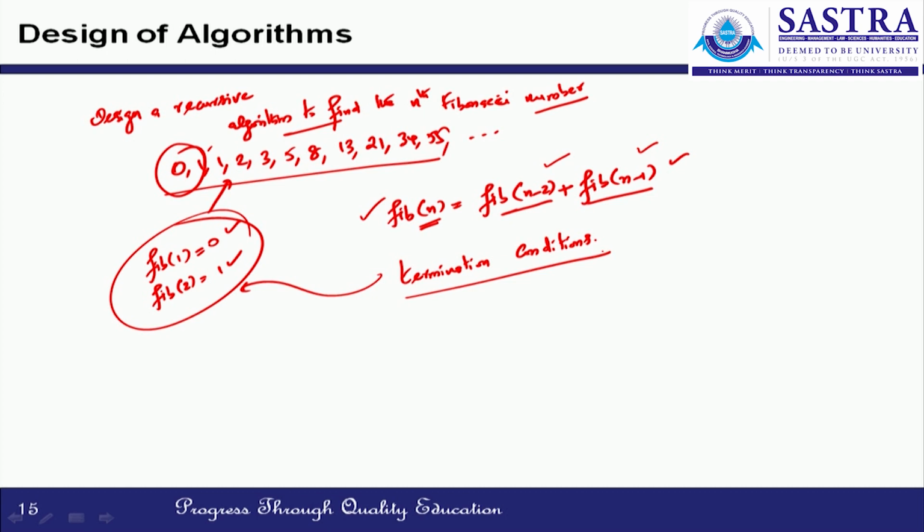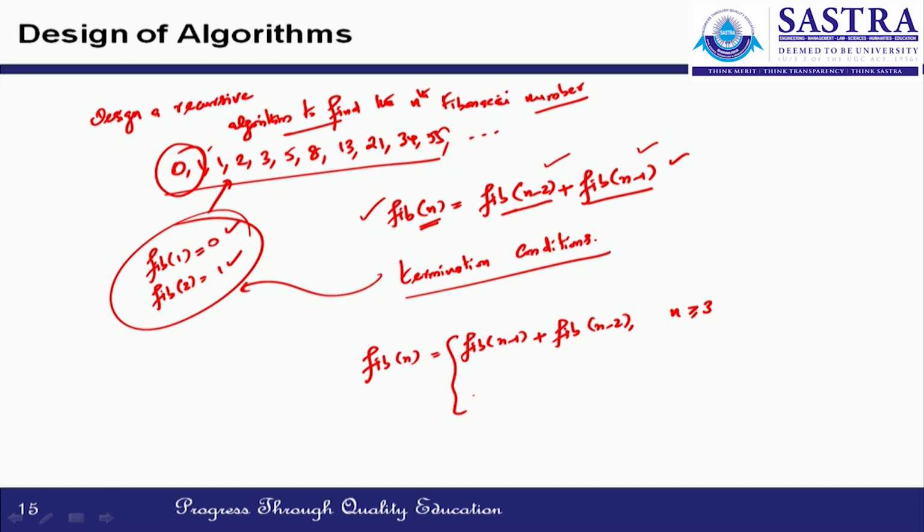So combining the termination conditions, fib of n is equal to fib of n minus 1 plus fib of n minus 2. This is the case when n is greater than or equal to 3.